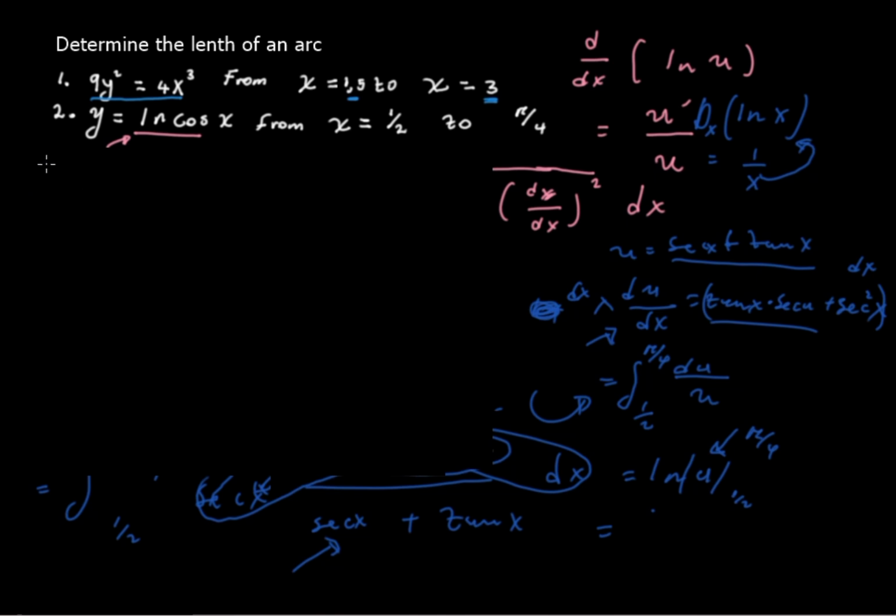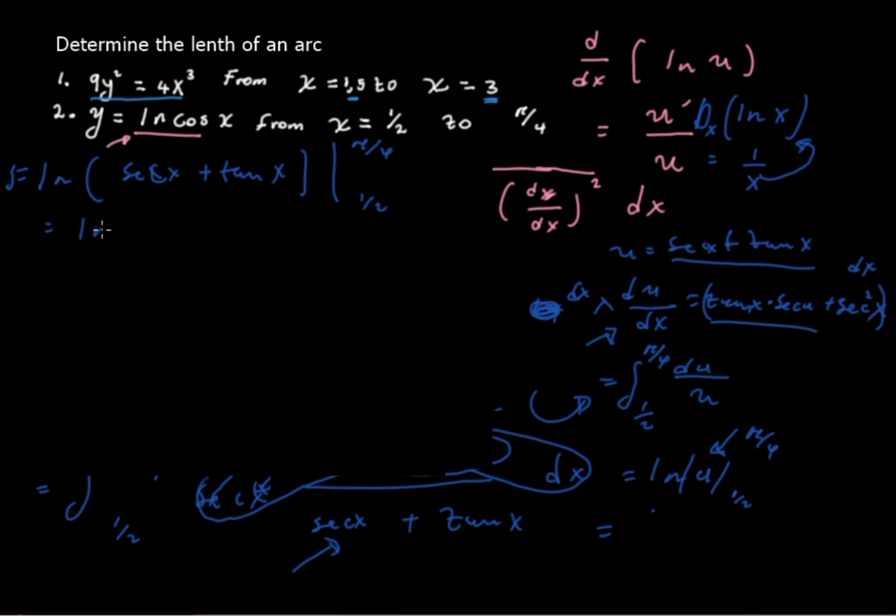You remember that the arc length equals the natural log of sec x plus tan x, and it ranges from 1 over 2 to pi over 4. Now you do the substitution.